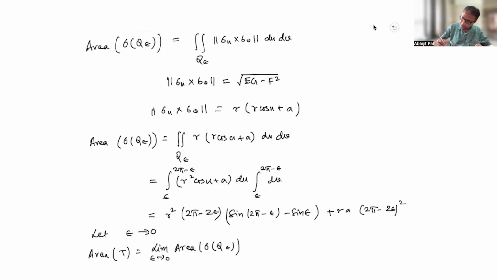So this will be equal to 4 pi squared r a. So the area of this whole torus is equal to 4 pi squared r a. Okay. So I'll stop here.